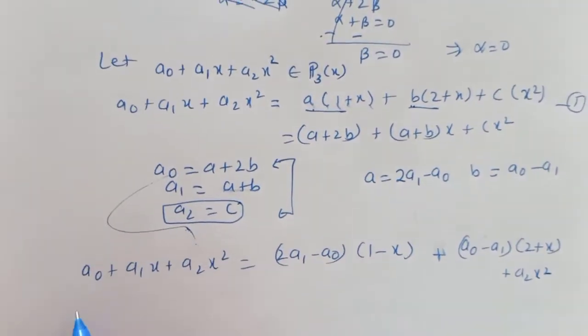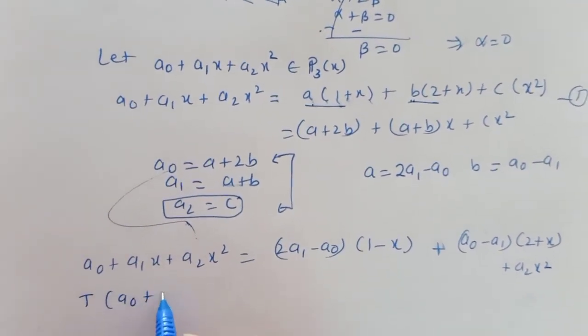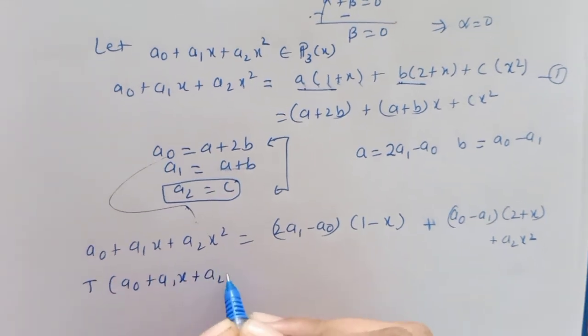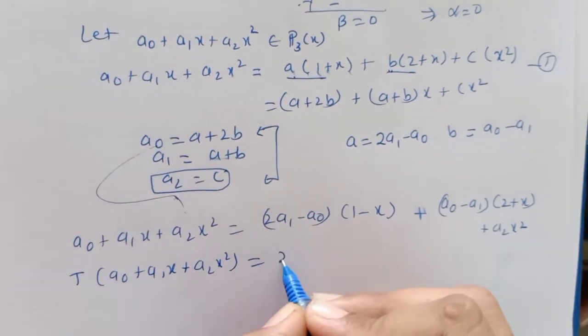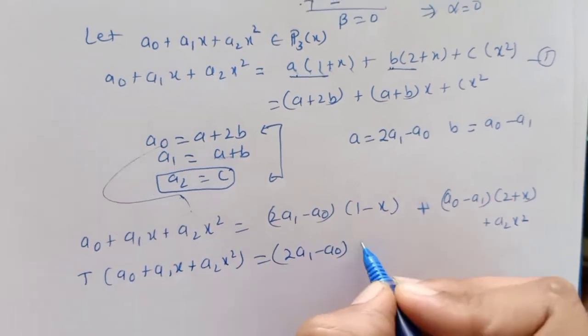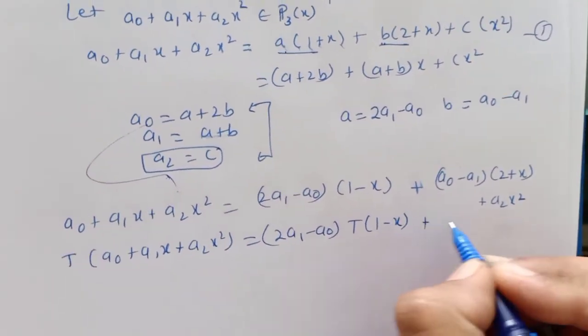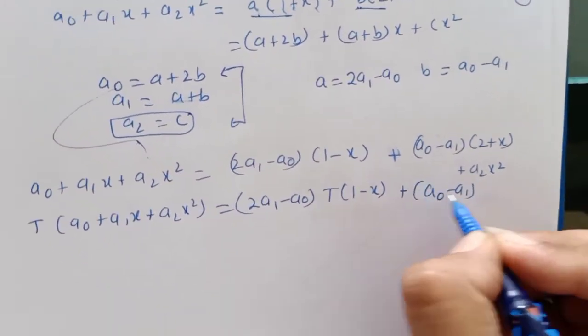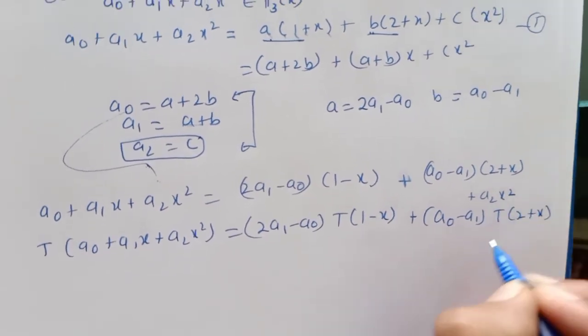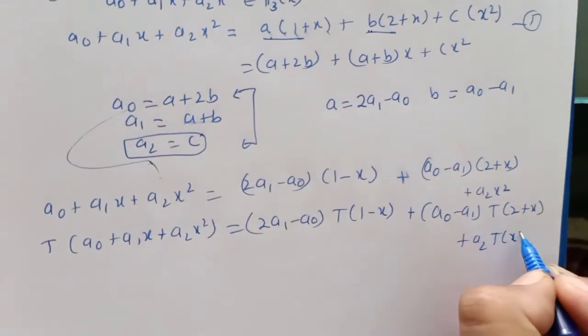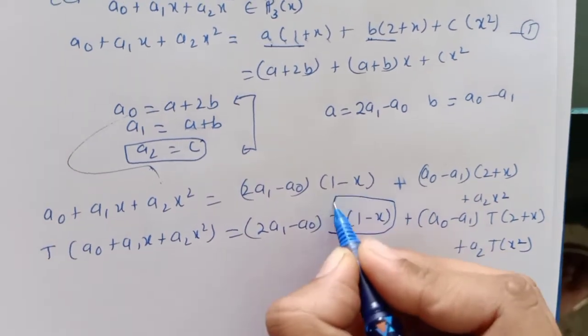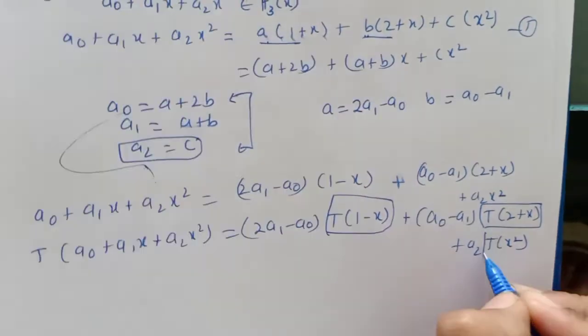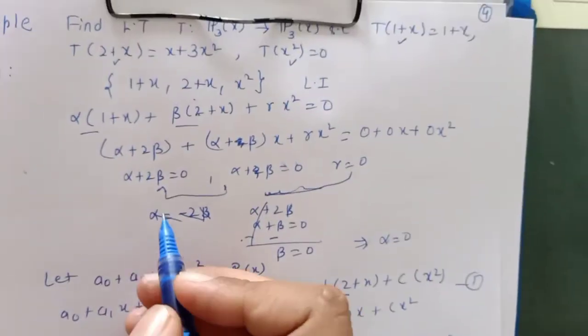So now take the transformation on both the sides. Since this transformation is a linear transformation, the constants can come out by using the definition of linear transformation. Now we are to just put the values of these terms, which are given in the statement.